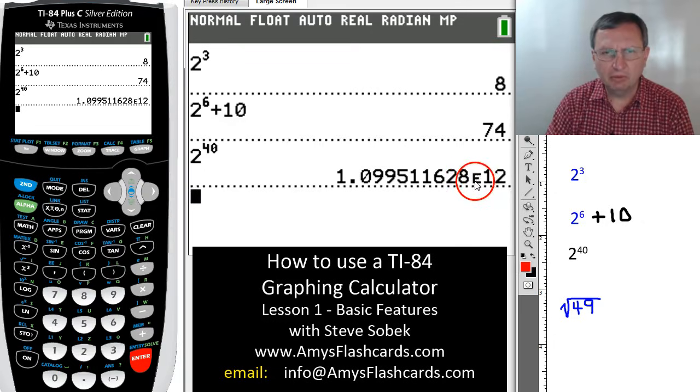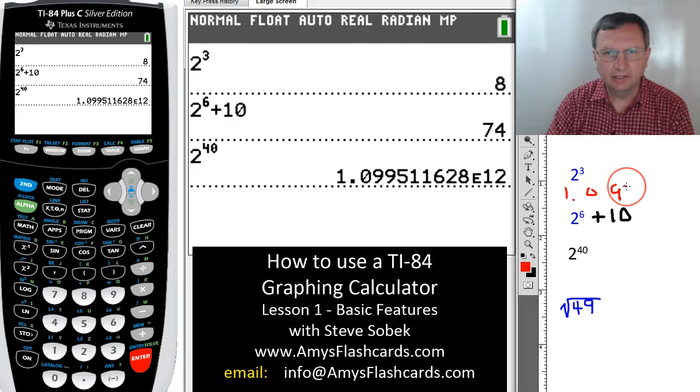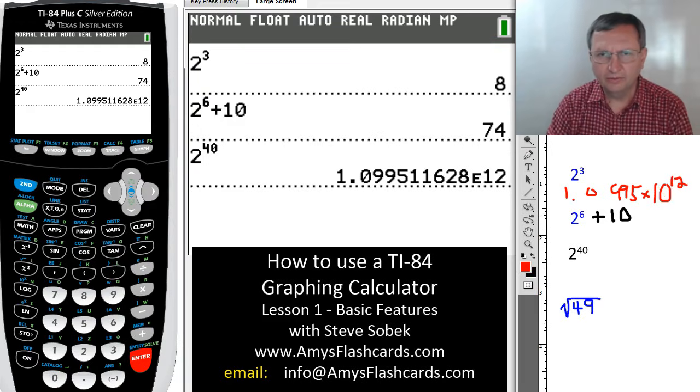We see here a capital E, not to be confused with a lowercase constant e. But this capital E means times 10 raised to the, and here we have 12th power. So that would be tantamount to 1.0995 times 10 raised to the 12th power.